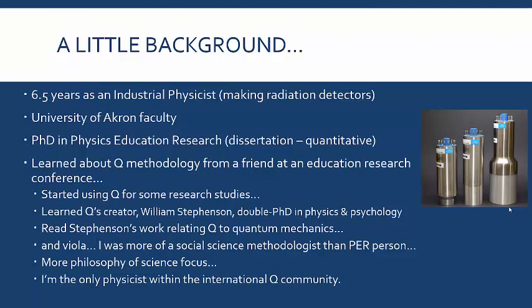So he got all excited, and he told me that William Stevenson, the creator of Q methodology, was both a physicist and a psychologist, and that part of how he ended up with his dual PhD is that he wanted to study something called psychophysics, which was kind of a stimulus response idea that built on ideas of physics as well as psychology. And I thought, well, that's really interesting.